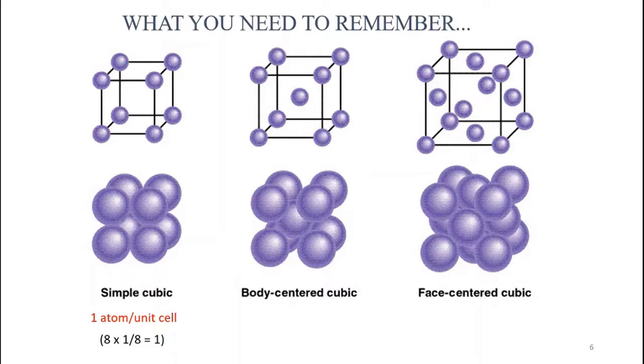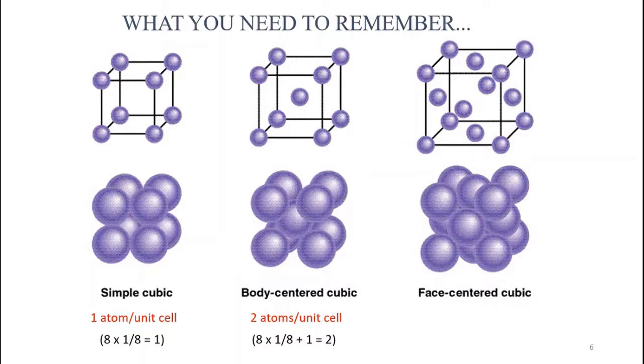For the body-centered cubic cell, we have the same, but we also add 1 particle right in the middle, which is totally contained inside the unit cell, for a total of 2 atoms or 2 particles per unit cell. In the face-centered cubic cell, again, each one of the corner particles is shared amongst 8 different cells.